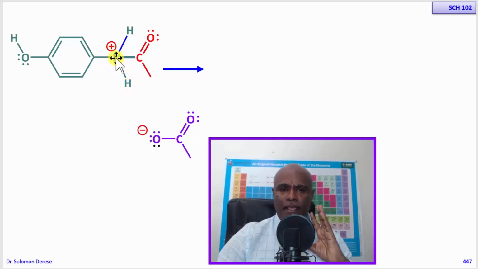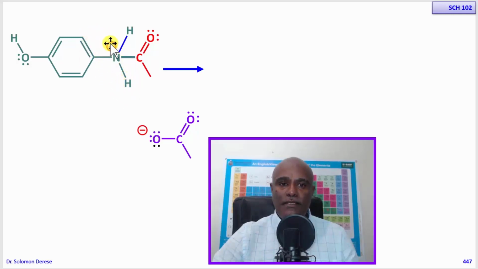Let me explain it again. When you look at this molecule, you will see that the positive charge is on the nitrogen. Then you might think the bond formation next will be between this oxygen as a nucleophile and this nitrogen as an electrophile, and you might go ahead and draw a bond from here to here. But that will not happen because this positive charge, even though it is physically seated on the nitrogen, is really not on the nitrogen.